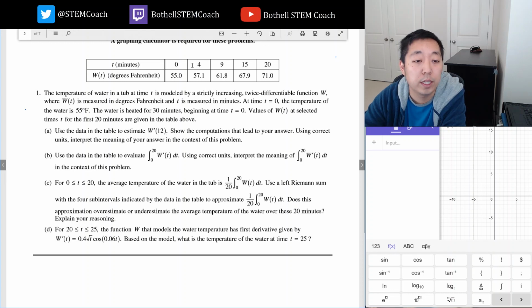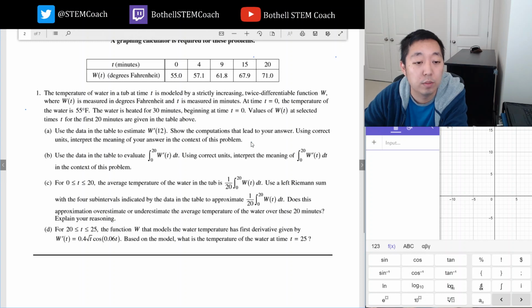Because we just have data points and not exact values, the derivative at 12 can be estimated by the secant line slope between 9 and 15, because t equals 12 lies between 9 and 15.